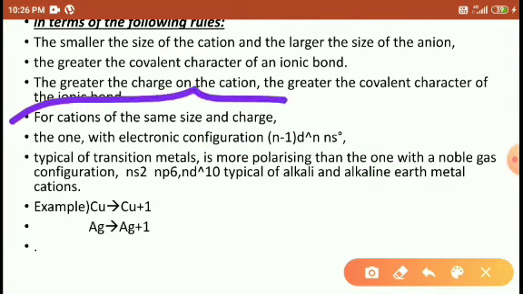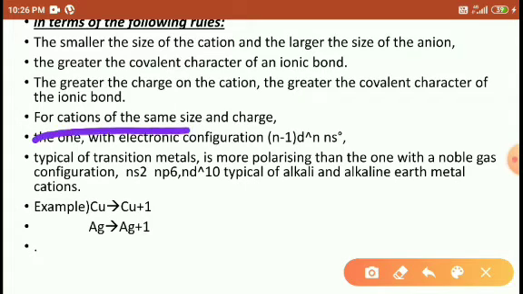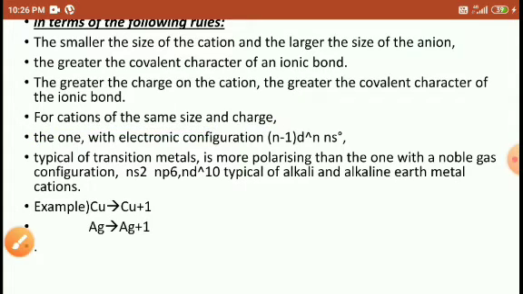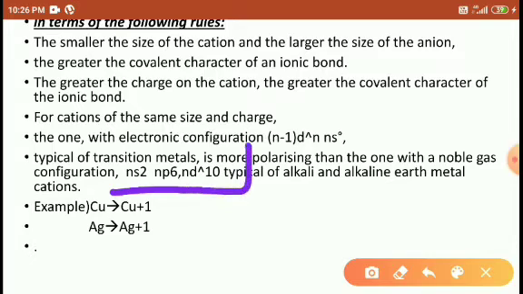If cations have the same size and charge, with electrons (n-1)d ns0, then in this condition we have to use those cations which follow the outermost ns2 np6 and nd10 electrons.